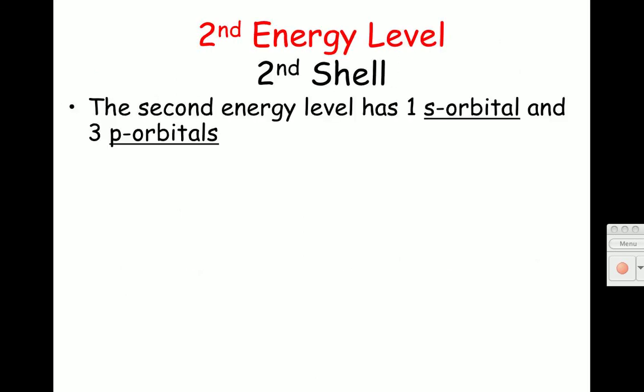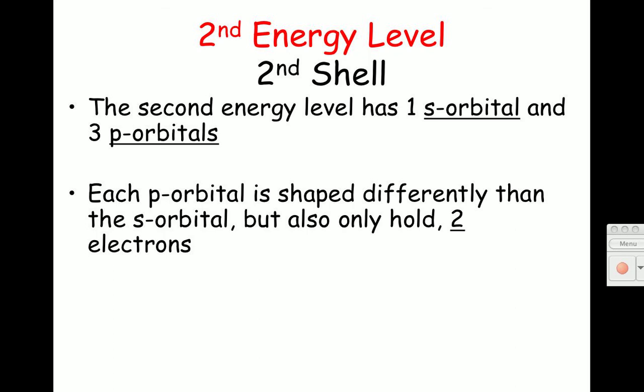It has an s orbital, a single one again, and 3 what we call p orbitals. These 3 p orbitals actually have the same shape, they're just arranged differently in space from each other. They are shaped very differently than the s orbital, but even though they're shaped differently doesn't mean that they can hold any more electrons. They can still only hold 2 electrons.